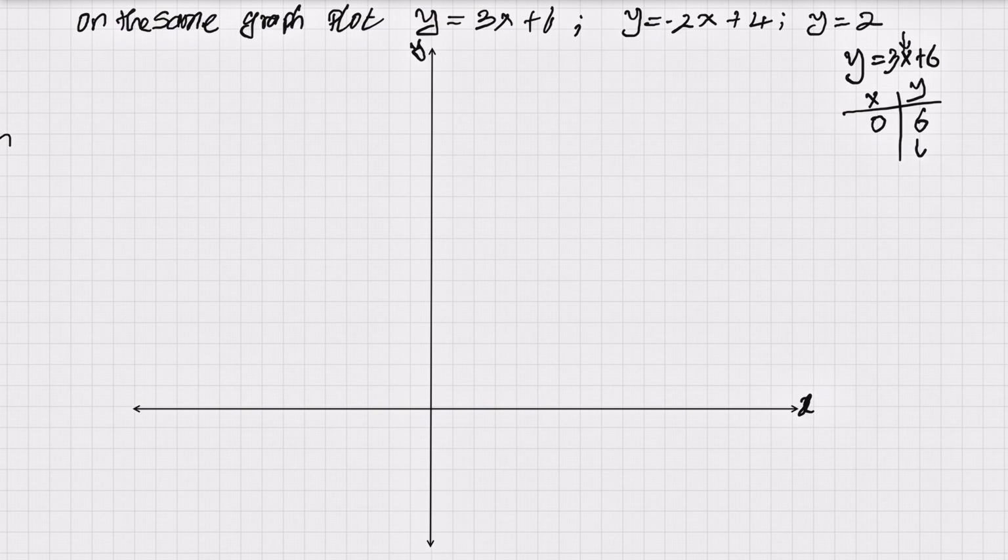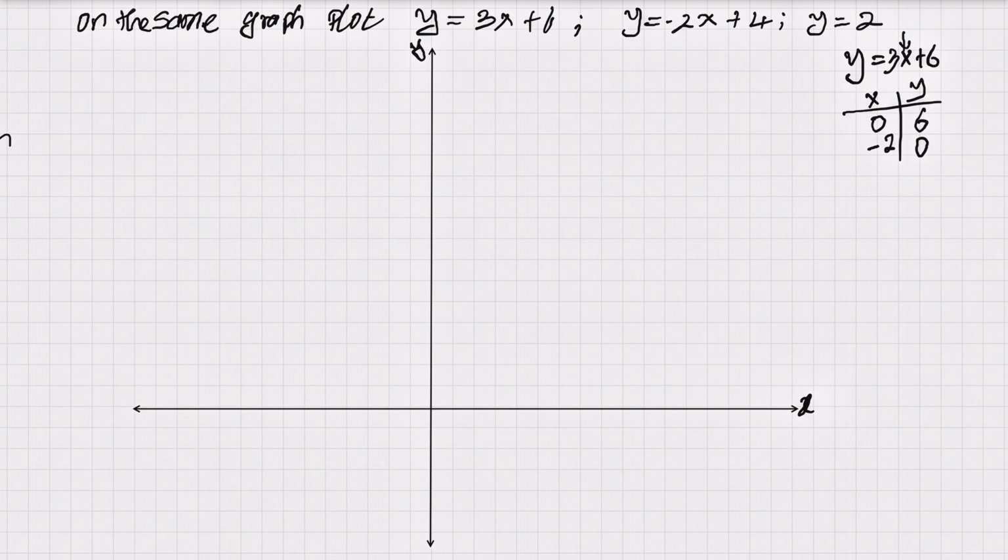And when y is 0, we will have that x will be negative 2, because when you subtract 6 from both sides, we will have 3x is equal to negative 6. And we divide both sides by 3 and we have negative 2.